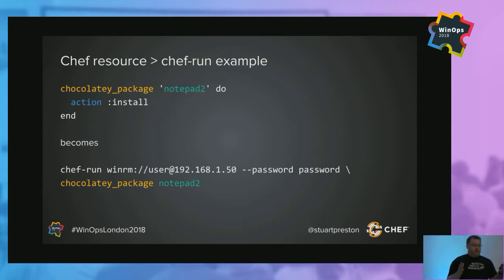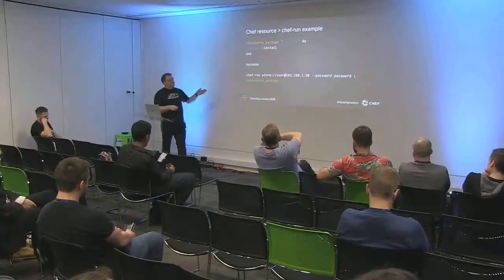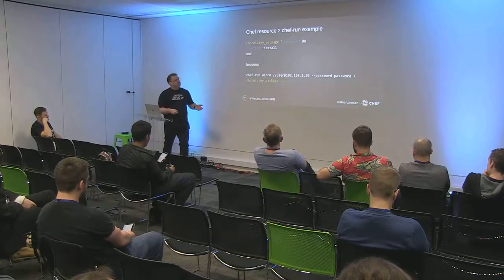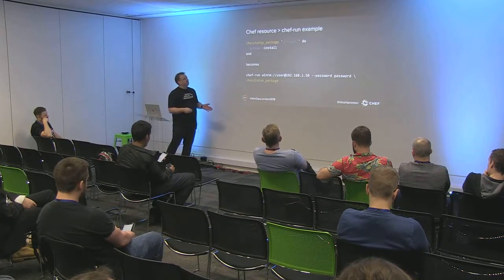Because we've got Chocolatey support inside, you might imagine that you could take a resource like chocolatey_package notepad2 do action install, and that becomes this command line. Pretty simple so far.